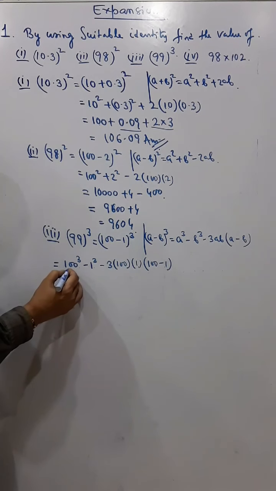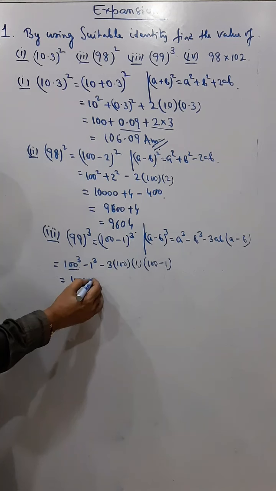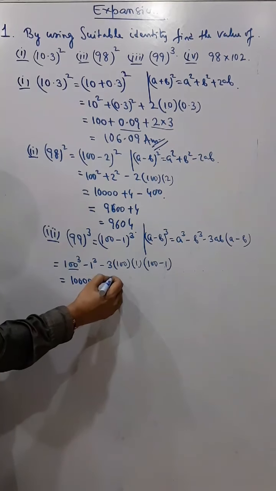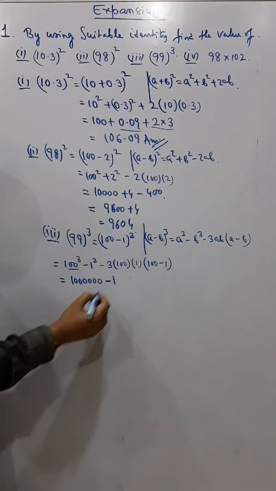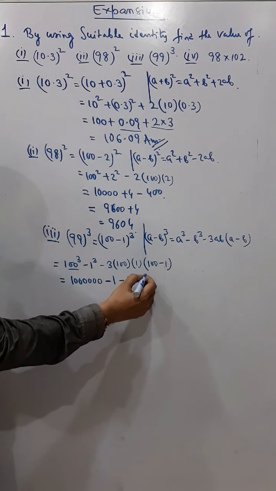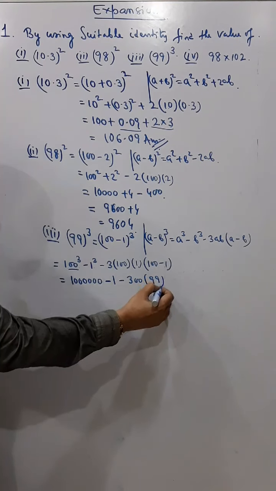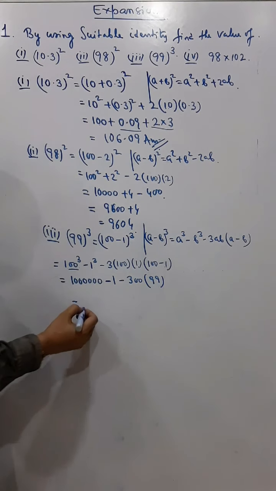1. So 100 cube means we will have 6 zeros here, 1 2 3 4 5 6, minus 1 cube means 1, then 300 minus 300, and in bracket what you have? You have 99.